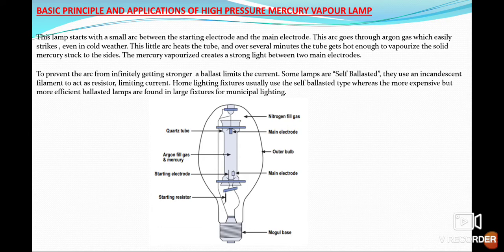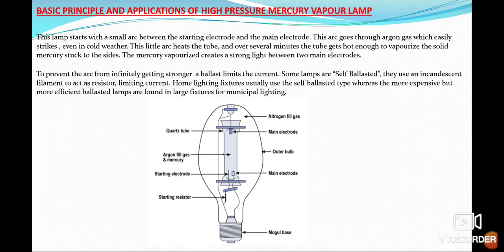Next one is the basic principle and applications of high pressure mercury vapor lamp. This lamp starts with a small arc between the starting and main electrode. In the diagram, we can see, like the previous low pressure mercury vapor lamp, it also has two electrodes, the starting and the main electrode.